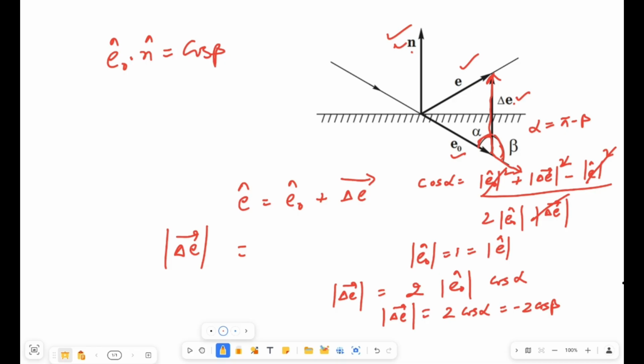That means I can write here that magnitude of delta E vector is equal to minus 2 cos beta.